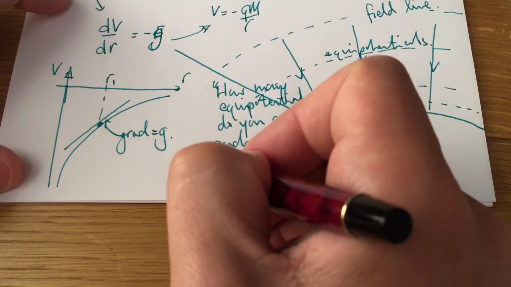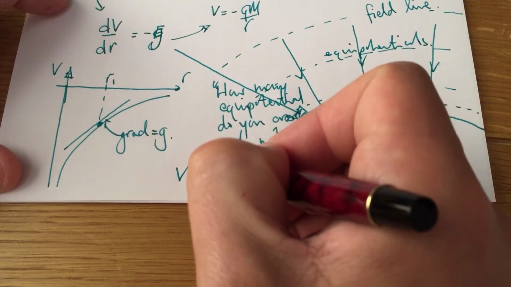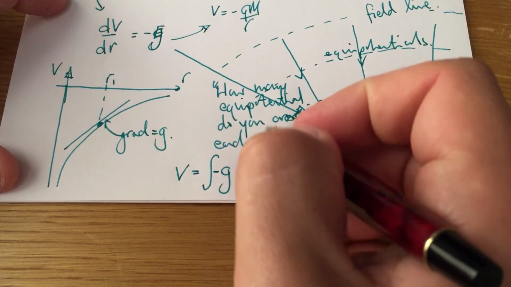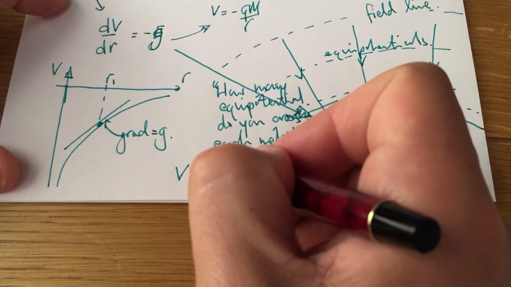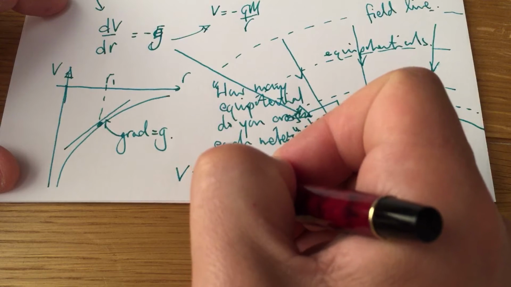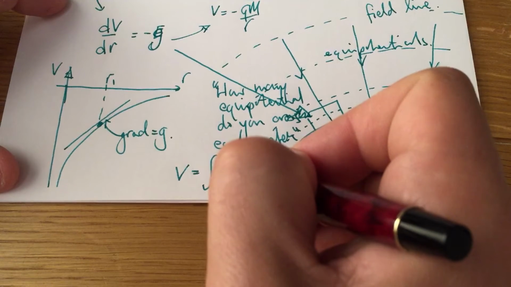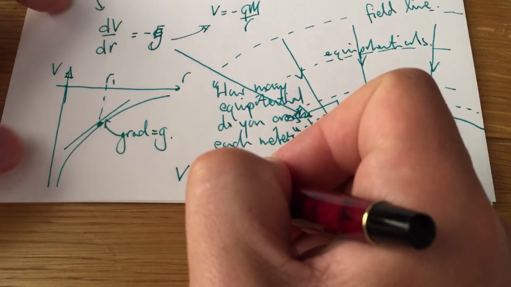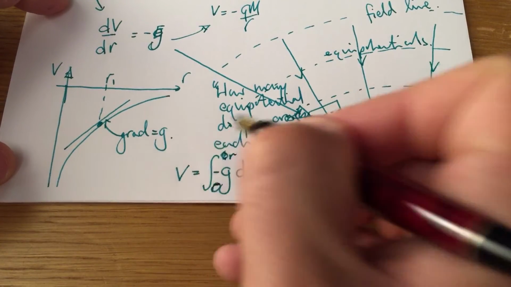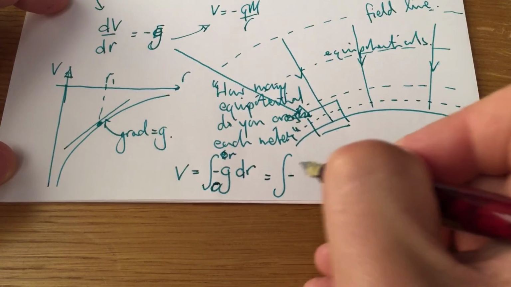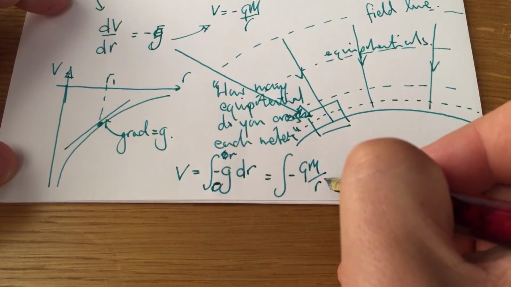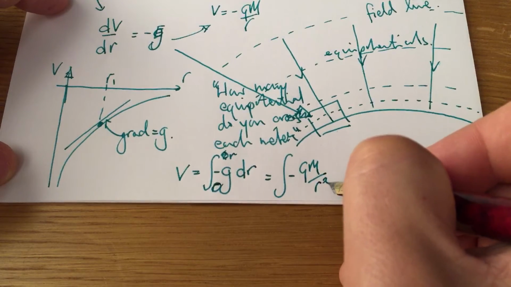In other words, it's going to equal the integral of minus G dr, moved from 0 to point R, which is the integral of minus Gm over R squared dr.